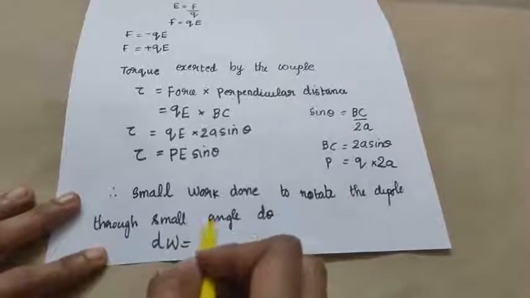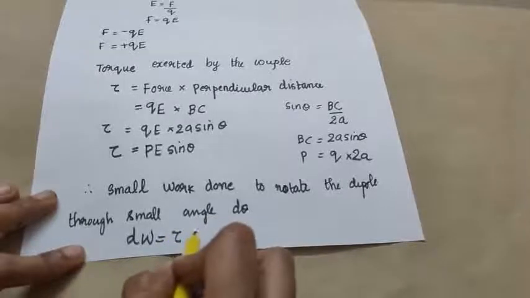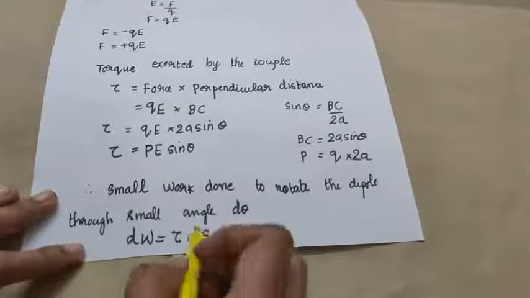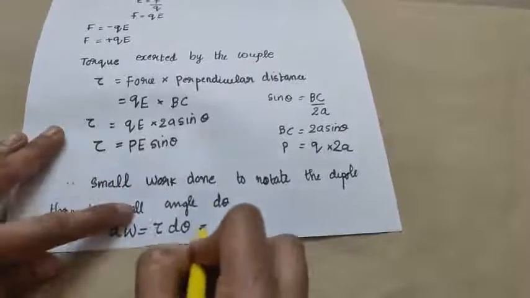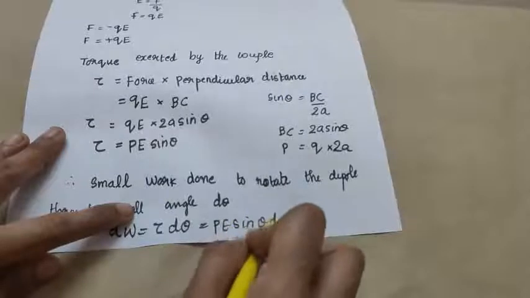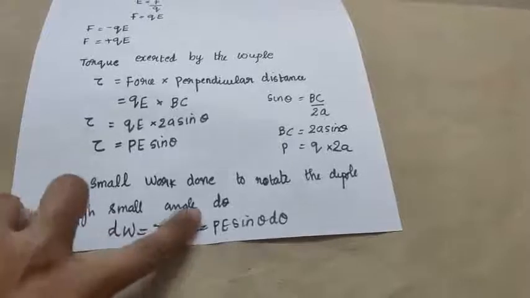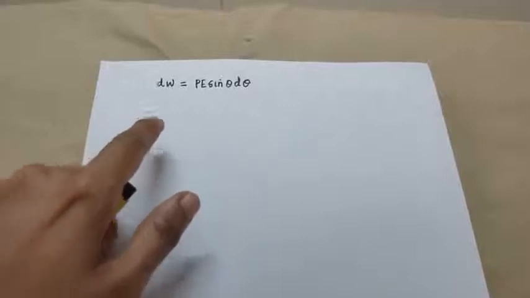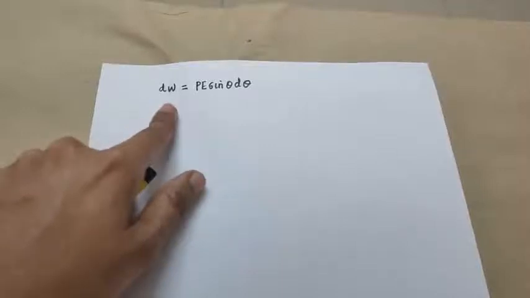Here force can be written as torque, the displacement is d theta, and tau is PE sin theta. So PE sin theta d theta is the small amount of work done to rotate the dipole through d theta.